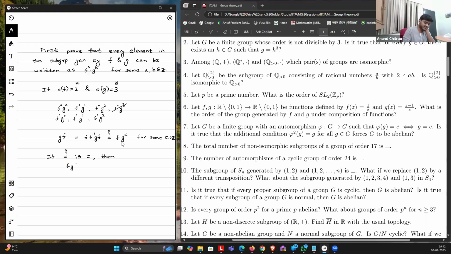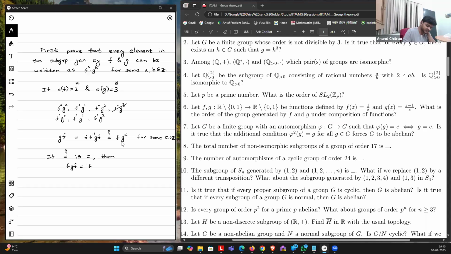Yes, sir. Then if this question-mark equality is an equality, how do you write, let's say, fgf? fgf is again an element in the subgroup generated by f and g. I want to write fgf in terms of powers of f times powers of g. How do you write it? It's f squared g to the power c.